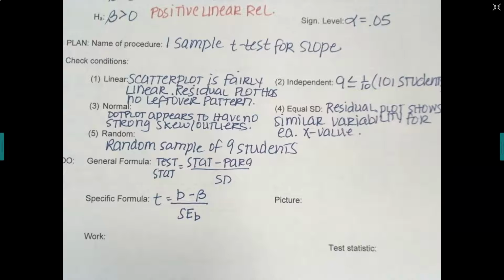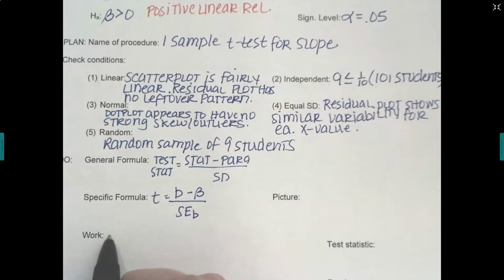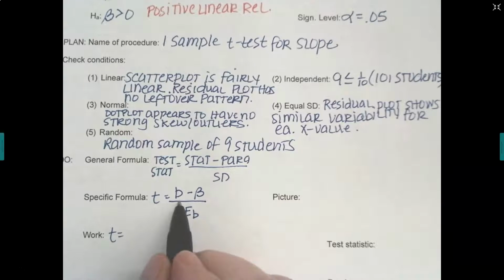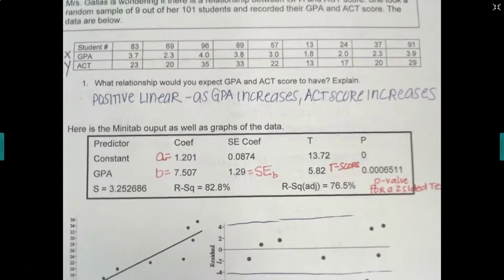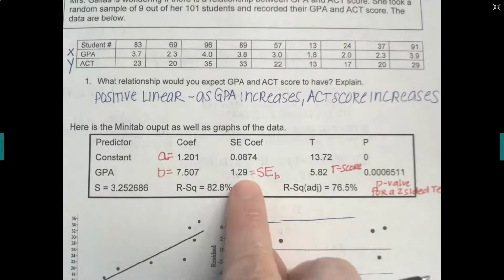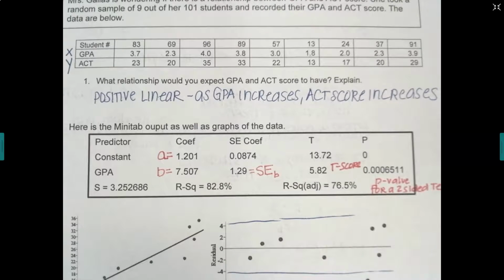Okay, so let's plug in everything that we've got into this formula. Our slope of our regression line of our sample was 7.507. Beta is 0. That was our null hypothesis, minus 0, divided by, well, now we need the standard error of the slope. So we got to flip it back over, and the standard error of my slope was 1.29.